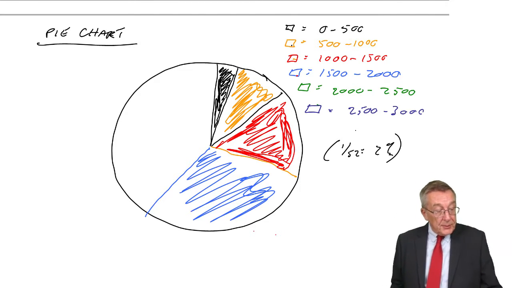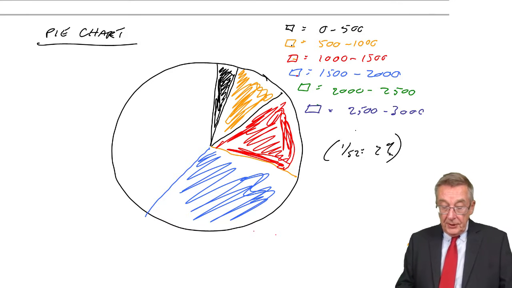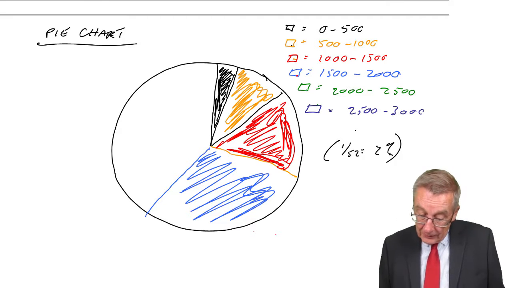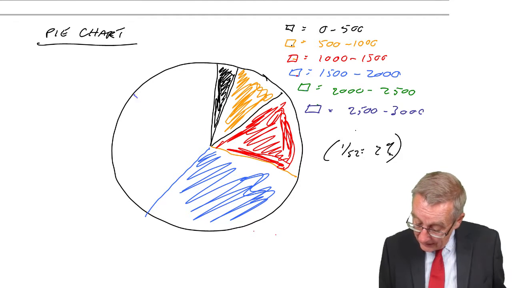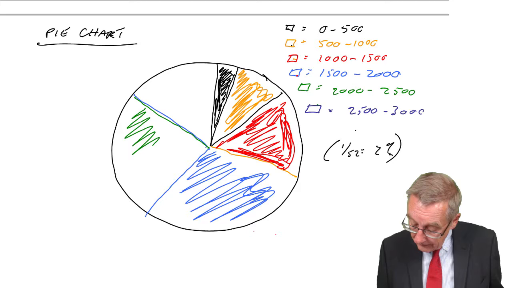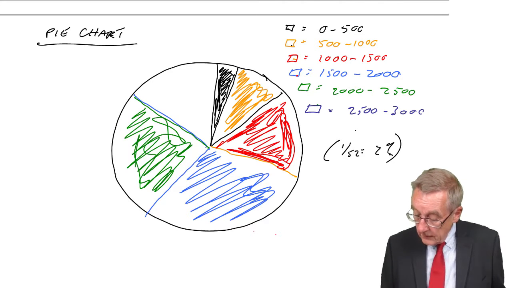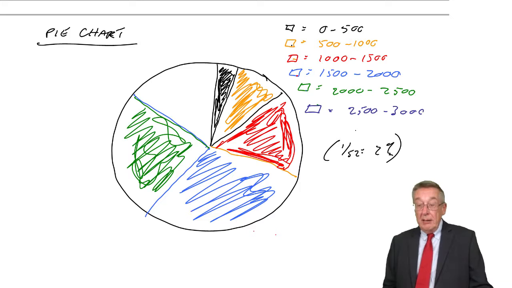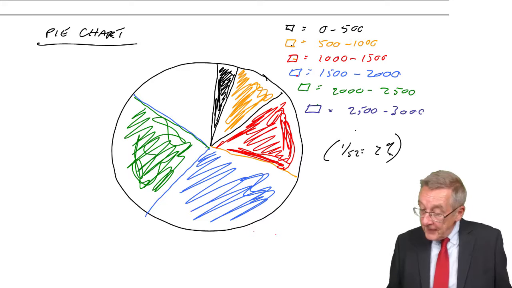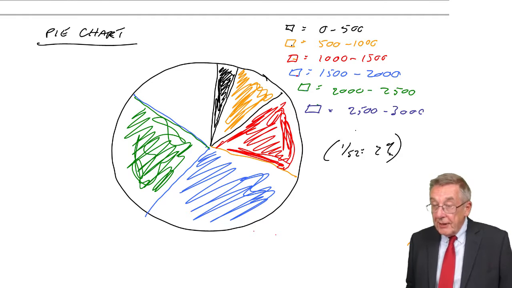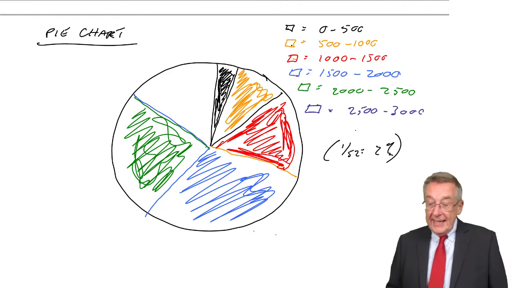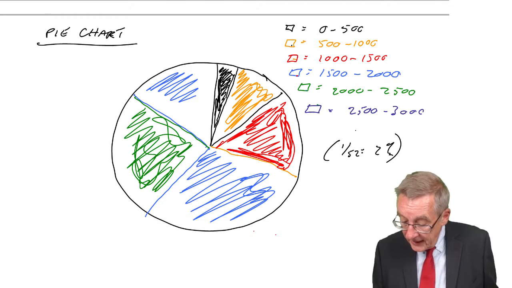Nearly there, may as well finish. 2,000 to 2,500, 14 out of 52. About 27%, which is, perhaps like this. Oh dear, it should be green, sorry. I'm sorry, they should be coloured in properly, not just a few squiggles. But finally, 2,500 to 3,000, there are 6 out of 52, which is the remaining 11 or 12% and would be this bit here.